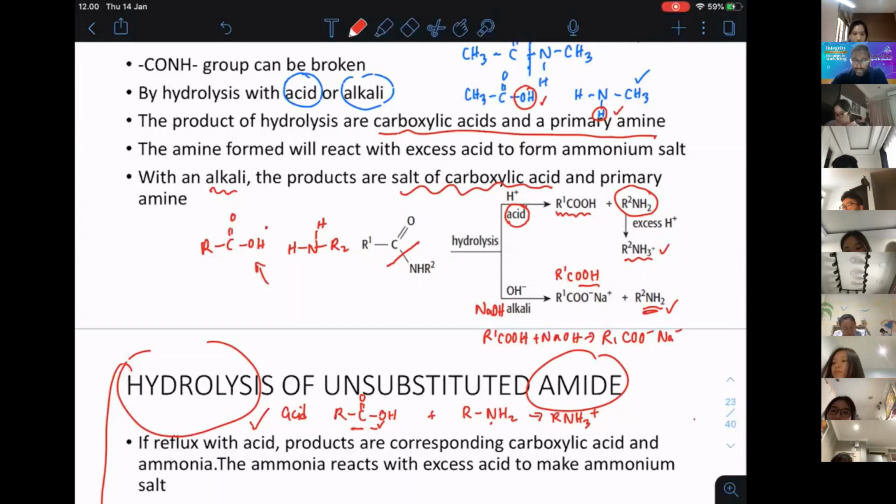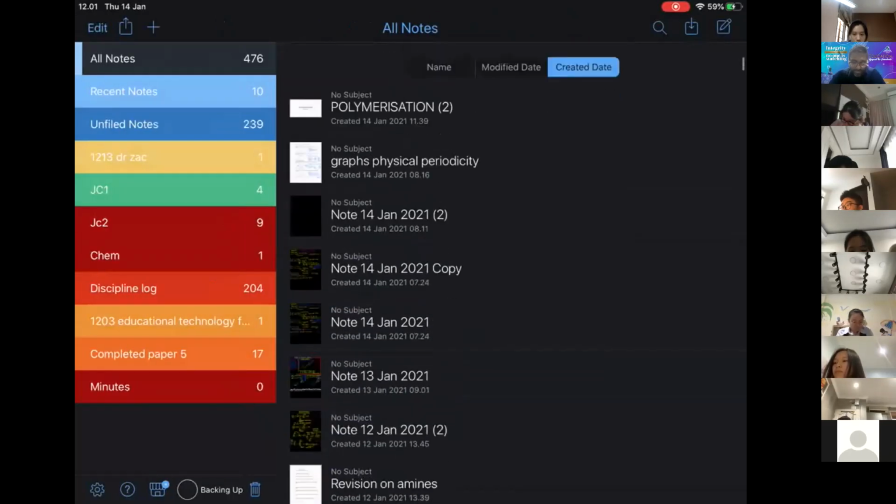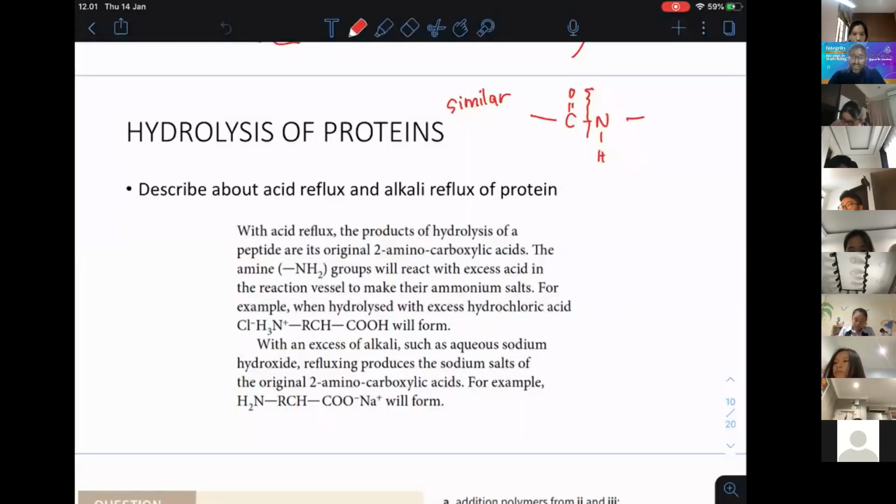If you are using acid, then you are going to have R2NH3 plus. It means that the H plus will react with the base. So all this will happen. A similar reaction is going to happen over here as well, because the structure of protein is the same.